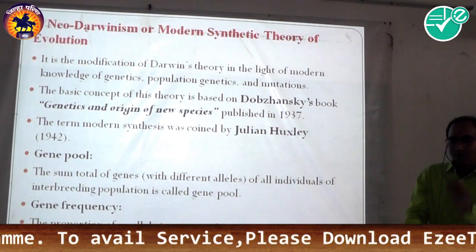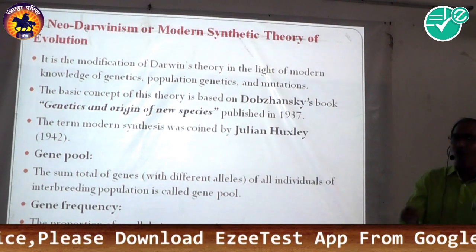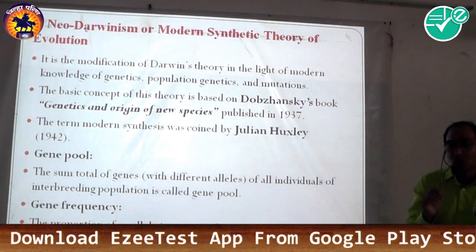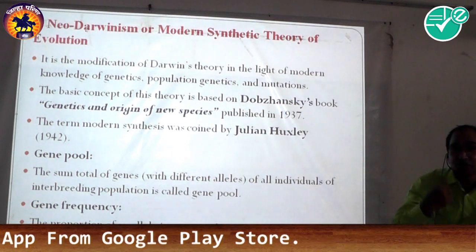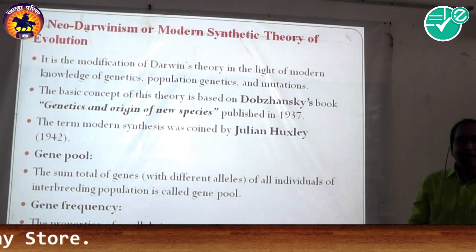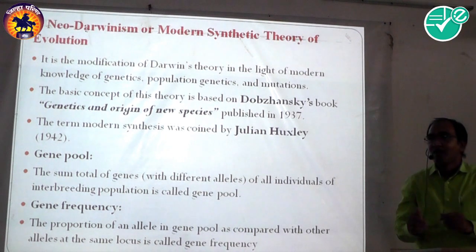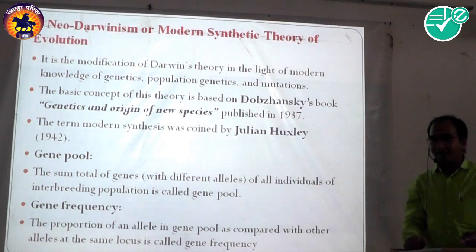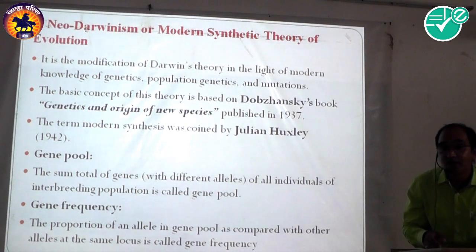Take one basic character: rolling of the tongue. It is the ability of an organism to roll its tongue in a U direction. I can roll my tongue like a U shape. But a few organisms can roll their tongue and a few cannot, in the same population.